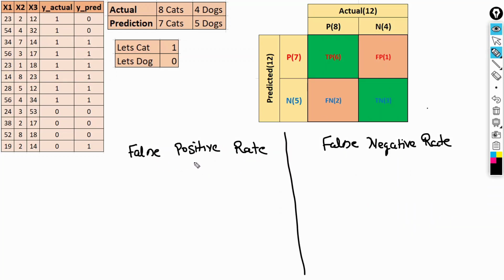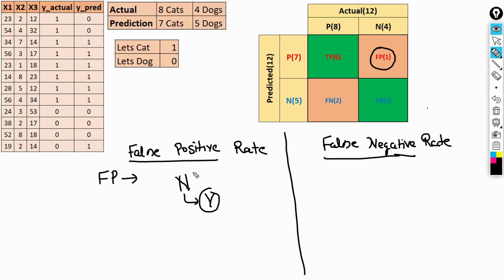Next is the false positive rate and the false negative rate. So what is the rate of the false positive classes and what is the rate of the false negative classes? If you see here, we have to detect the rate of this particular class, false positive. It means in actuality this is negative, and my model is saying that this is the positive class.